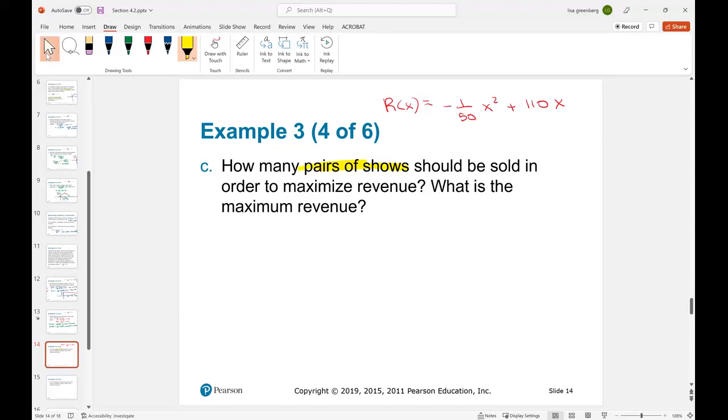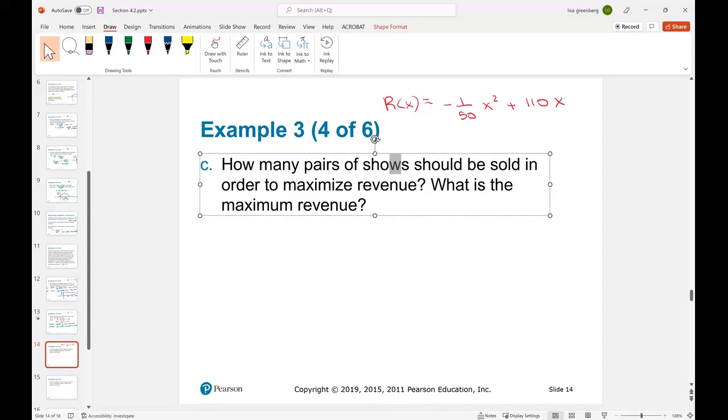Hold on, let me fix that. Shoes should be sold in order to maximize revenue. So first question is, how many pairs of shoes?